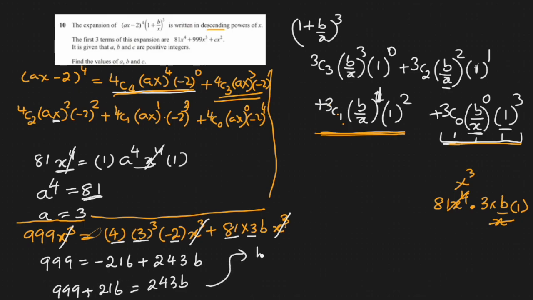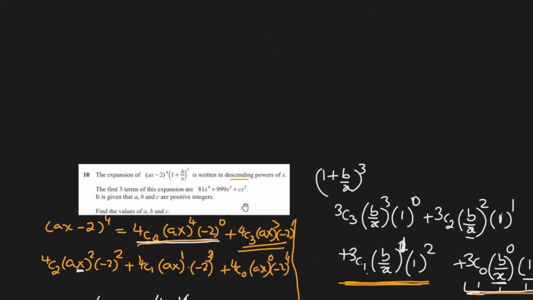So b comes out to be 1215 divided by 243, 5. So b came out to be 5. Now we need to use c, and let me use the upper space for c. Cx squared.